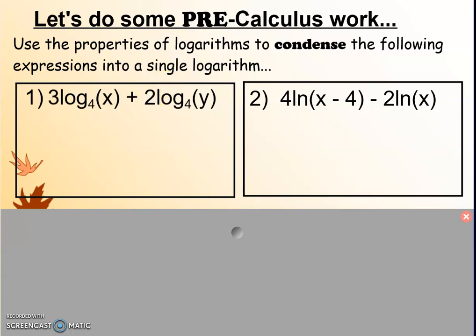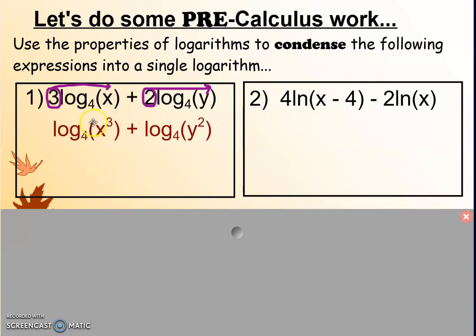So my first move is to do the reverse of the power property. Normally we bring powers down with logarithms. Now I'm going to take these multipliers out in front and move them up as powers.